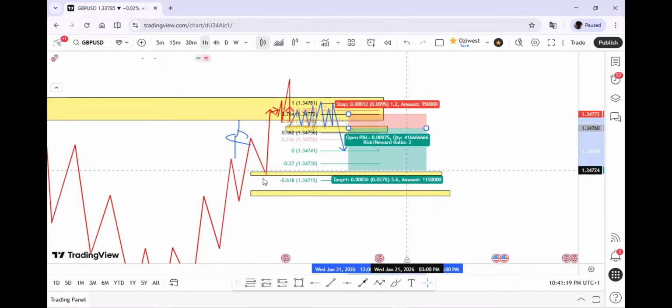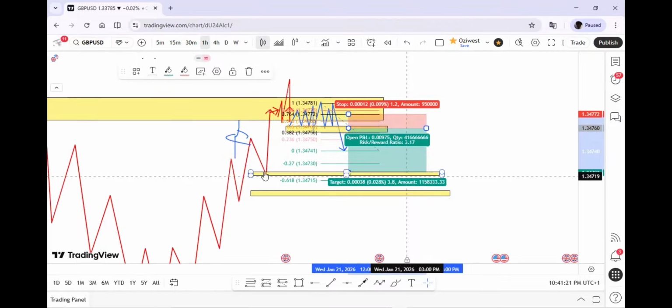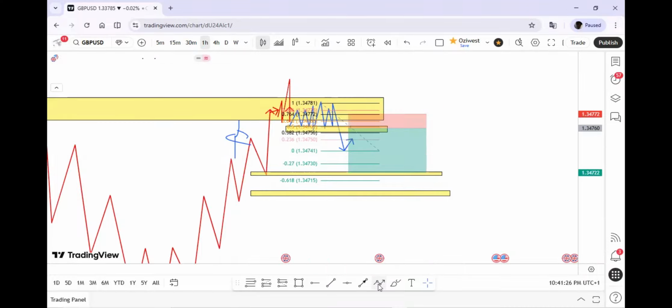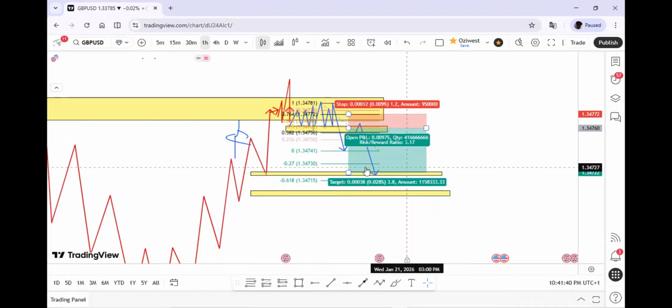Or this time around 3 times your risk, since support is all the way down here. All you have to do now is wait for price to trigger and continue pushing downwards. As you can see, we have that lower low, lower high point. Take profit smash.